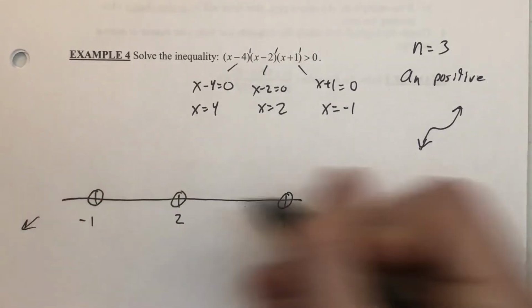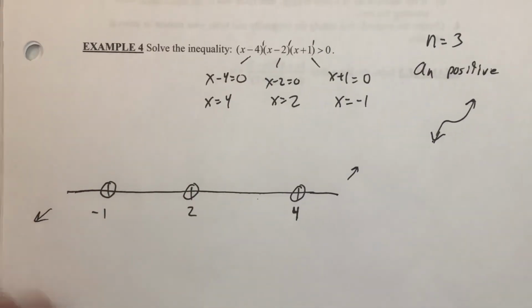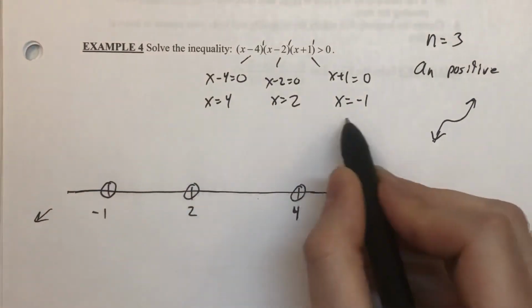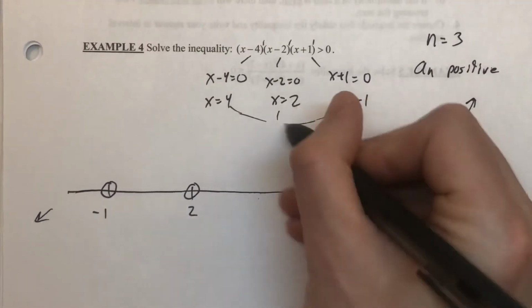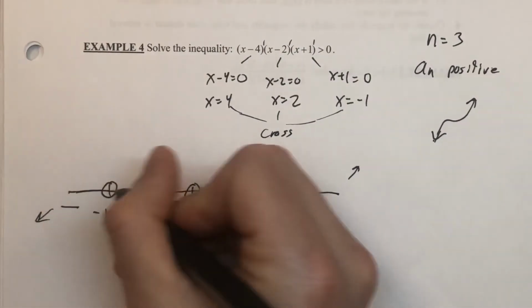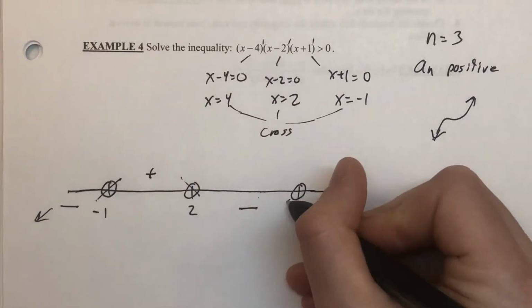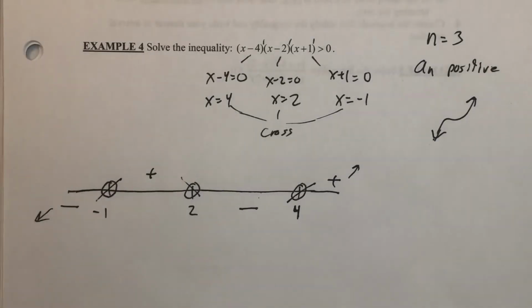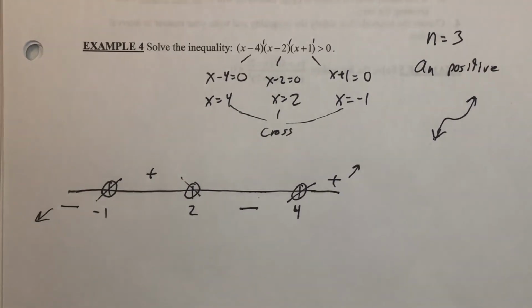So over here, falls to the left, over there, rises to the right. And so, with all of these being multiplicity 1, we know all 3 of these are going to cross. So we go from low, cross to high, cross to low, cross to high. That's it. Below to above to below to above, and that lines up with our end behavior.